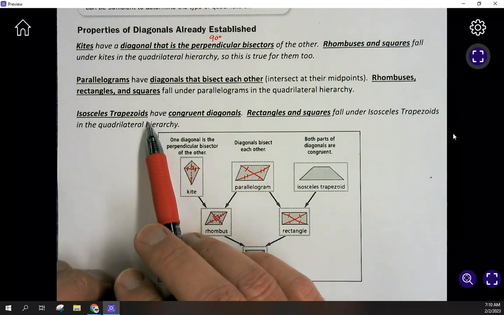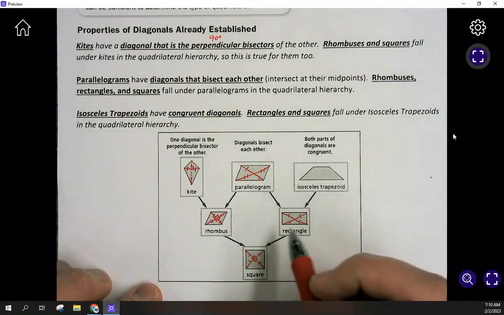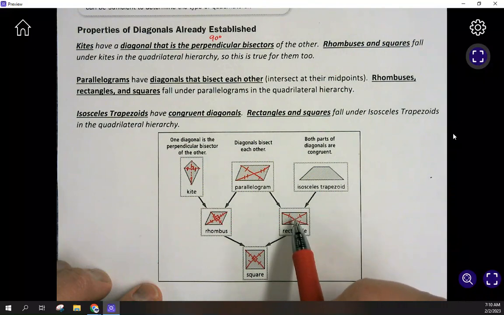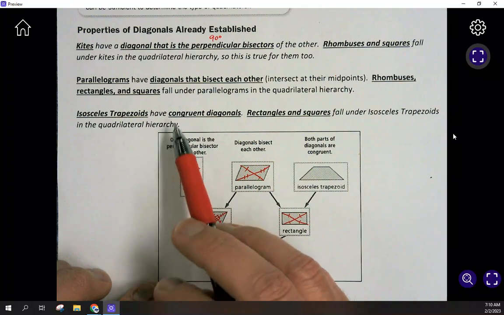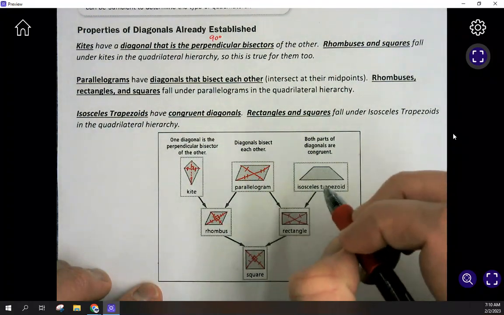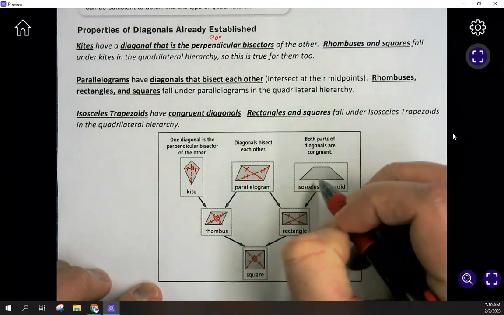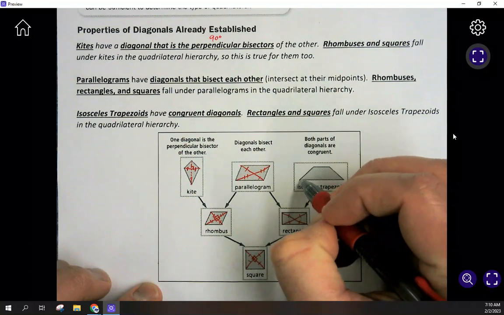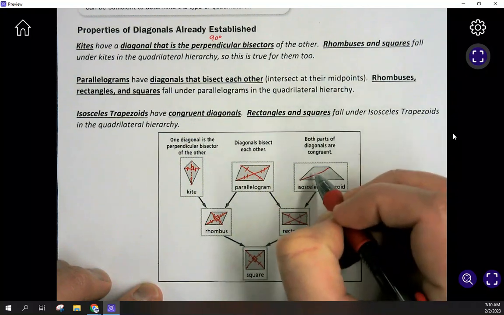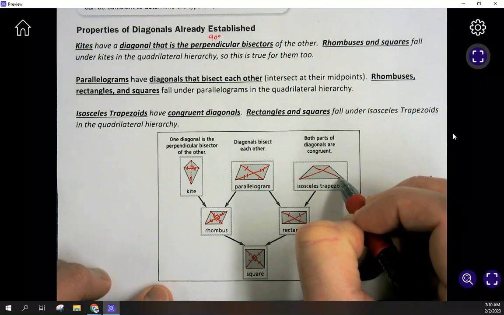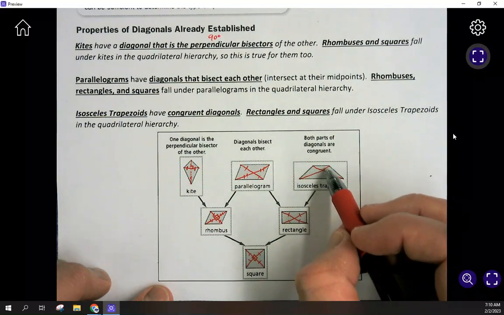All right, and then isosceles trapezoids have congruent diagonals, and that's kind of what I was getting at here with the rectangle and the square without getting ahead. So remember, not all trapezoids. Isosceles trapezoids, where these sides are equal, but base angles are equal, the diagonals are equal to each other. Now you can see these are not being bisected.